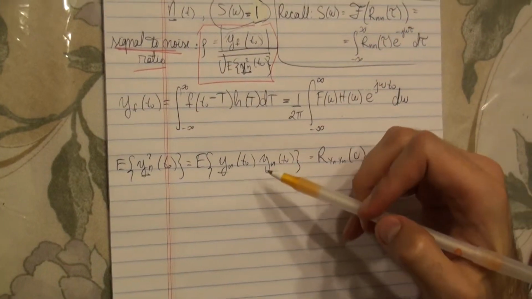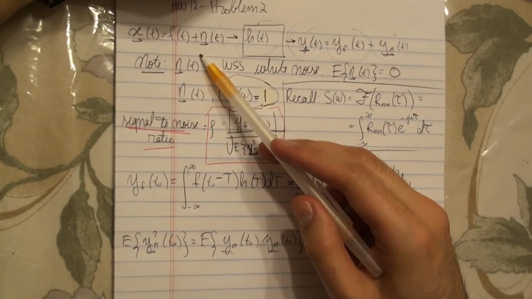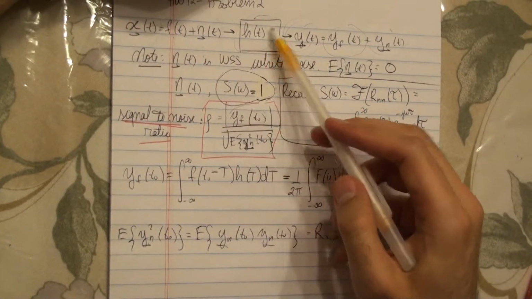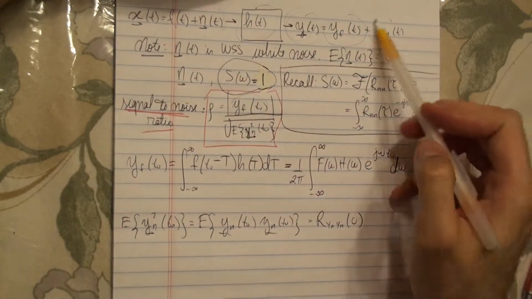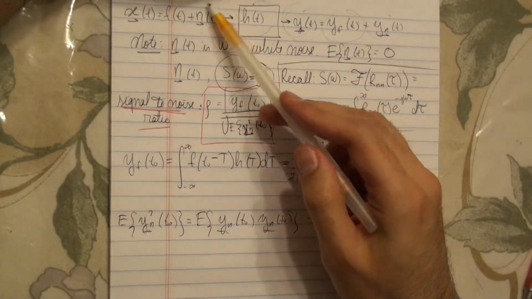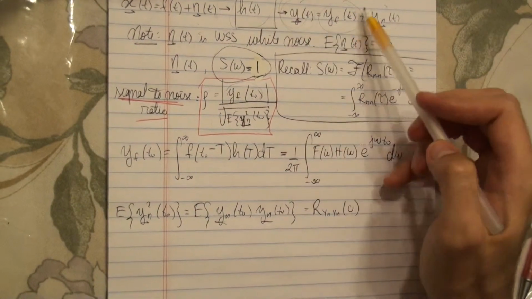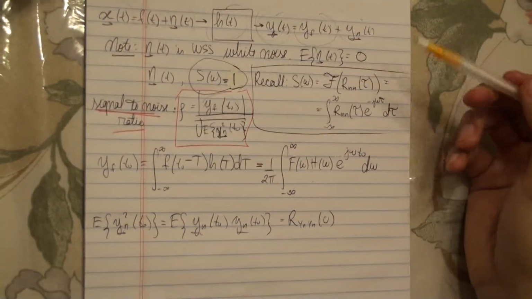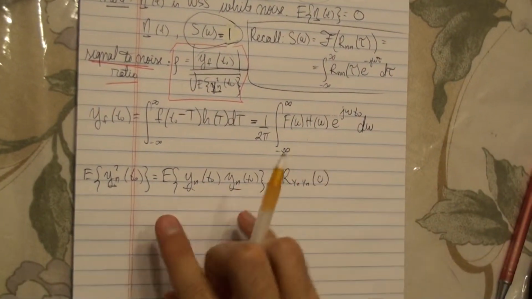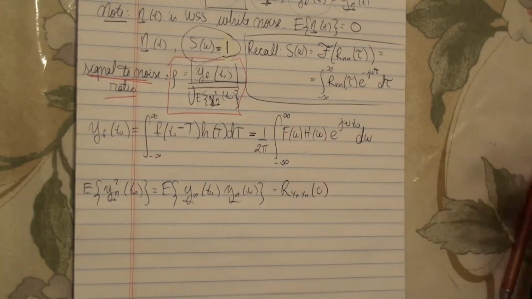We know that because yn of t is WSS, since we proved in problem 1 that when we put a WSS signal through a system, we get the output to be WSS. So we know that the autocorrelation will just be a function of the time difference. That's why we can write that. Okay.